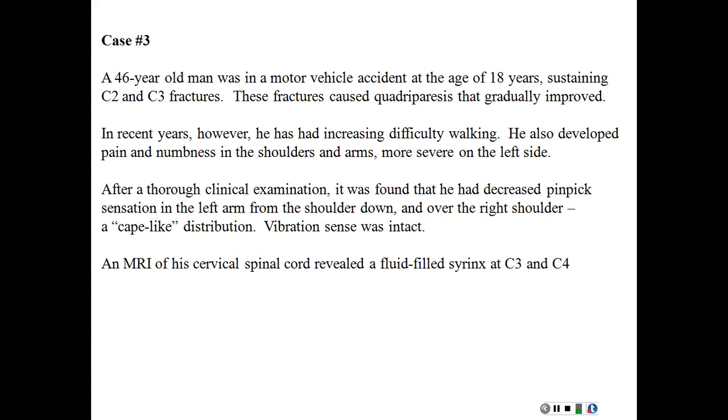Pain and temperature from the neck down is what? Anterolateral. Proprioceptive information from the neck down is dorsal columns, medial lemniscus. Vibration sense is intact. Pain and temperature, pain is not. Something's wrong with pain. And the distribution of the pain is in this cape-like distribution.